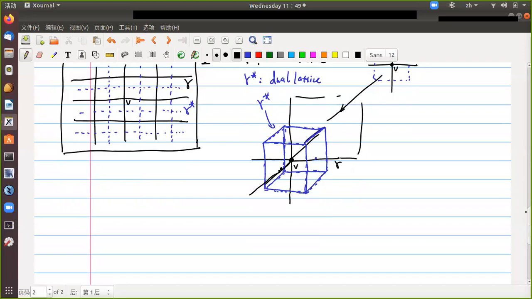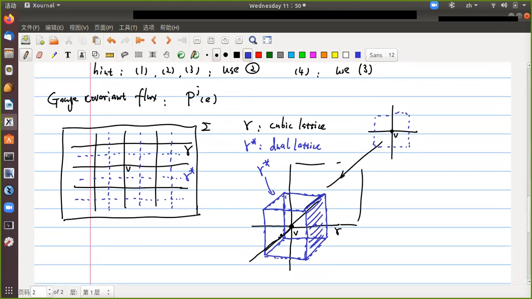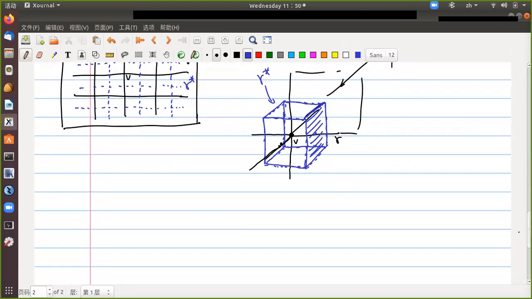All right. Now to define this gauge covariant flux, it is defined on the dual surface. Okay, this is defined on the dual surface. So now let's look at the edge and the relation between the edge and the dual surface. This is one oriented edge E, and intersecting with this edge, you have a dual surface.